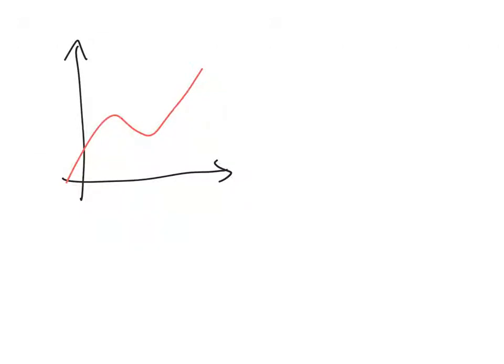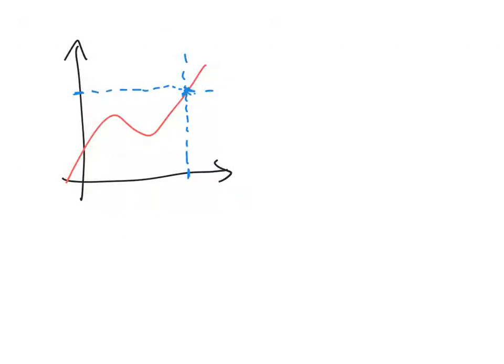For each y value, there also has to be only one x value. So you can see that's true here, for example. There's only one y value for this particular x value, and for this y value, there's only one x value.